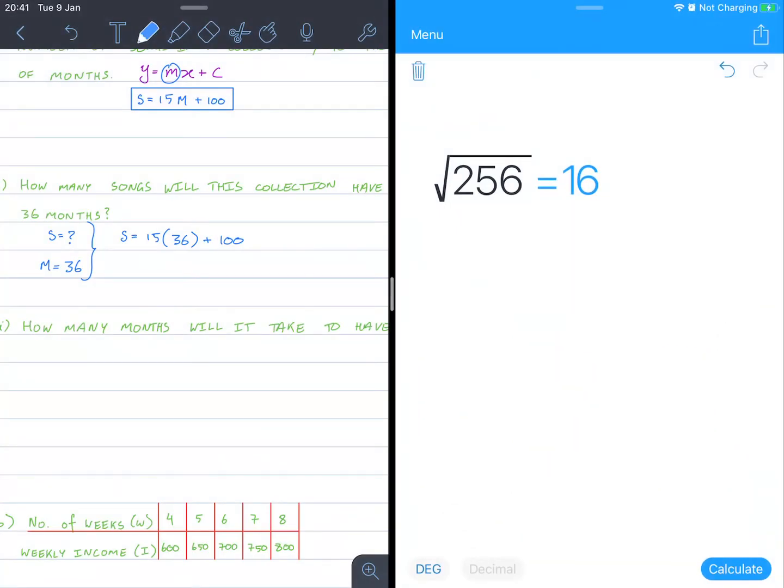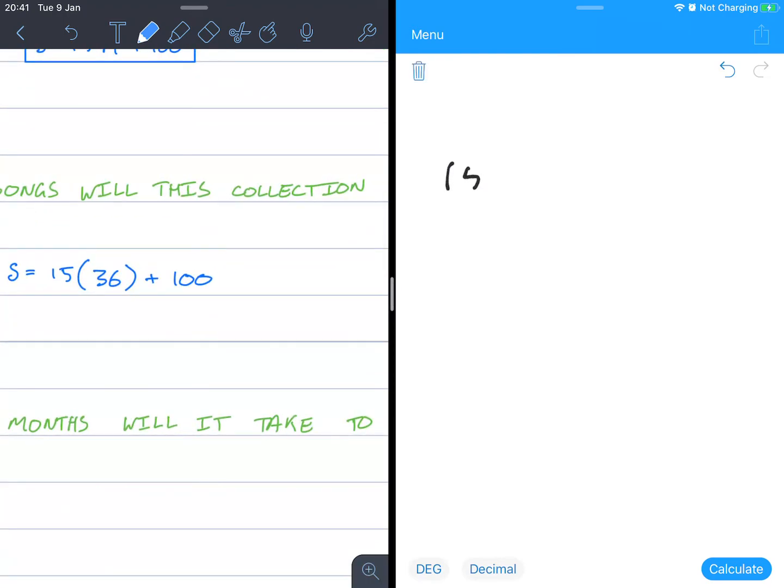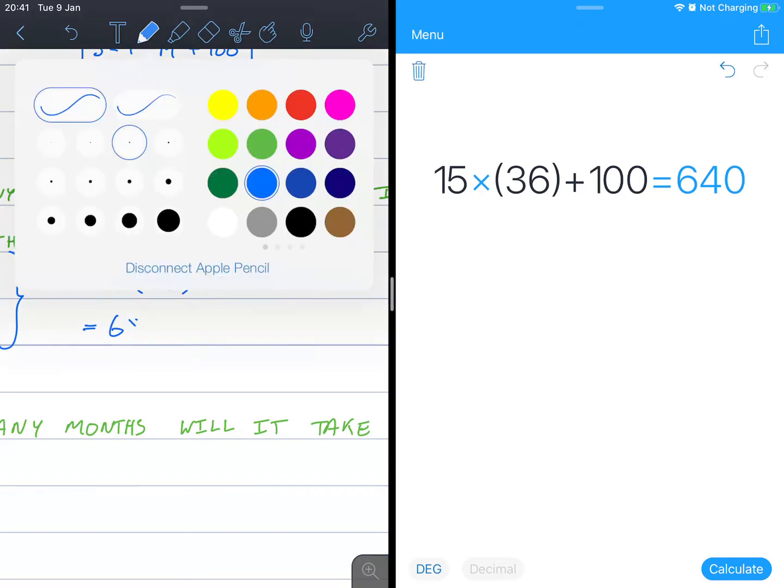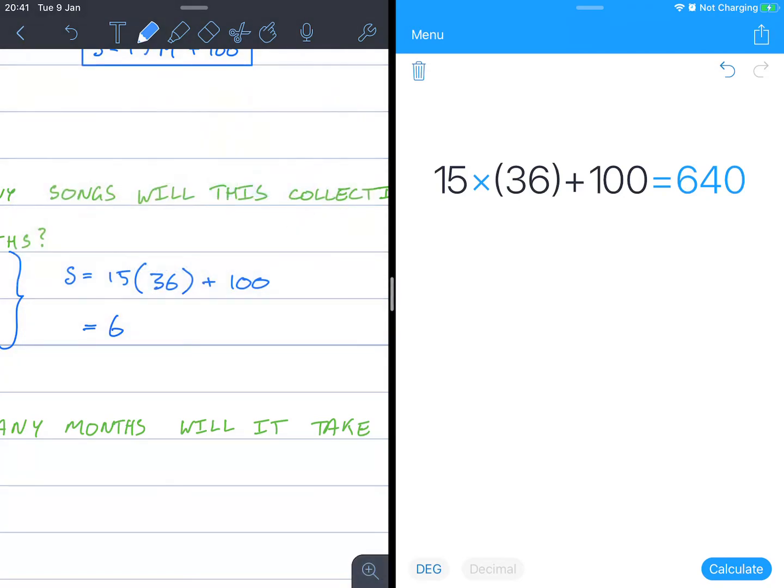Whatever this is in our calculator. Let's do it. 15 times 36 plus 100. That'll give us 640 songs.